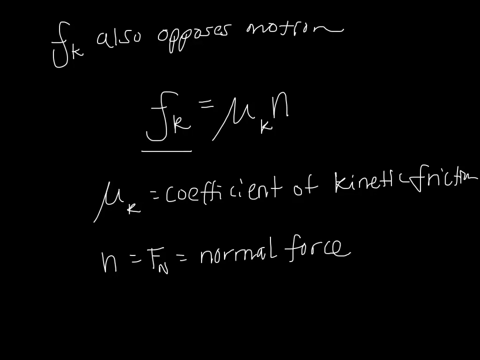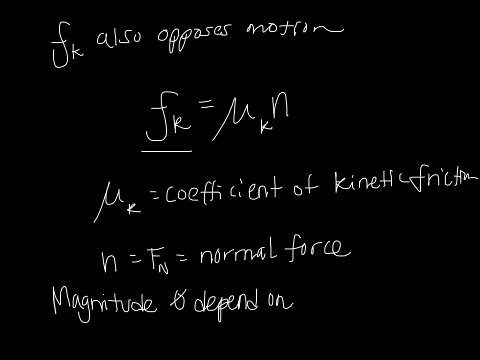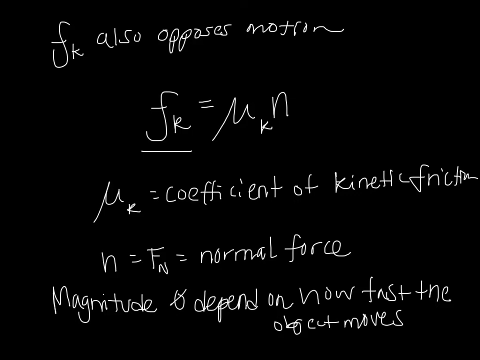So the cool thing about kinetic friction is that the magnitude of kinetic friction doesn't depend on how fast the object is moving. So there are some of the basics on friction.